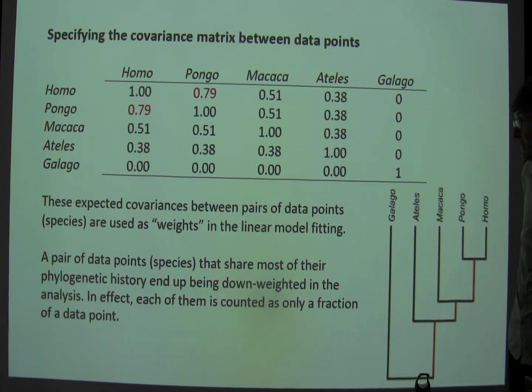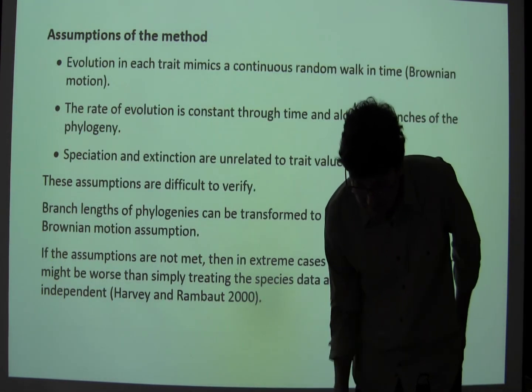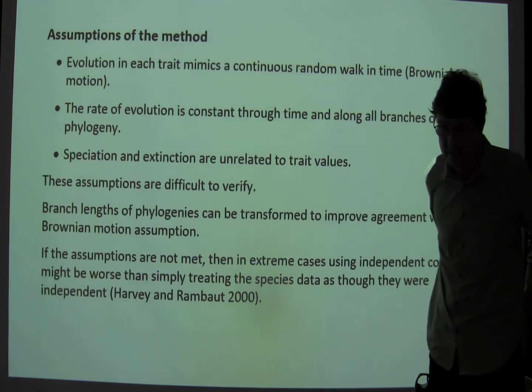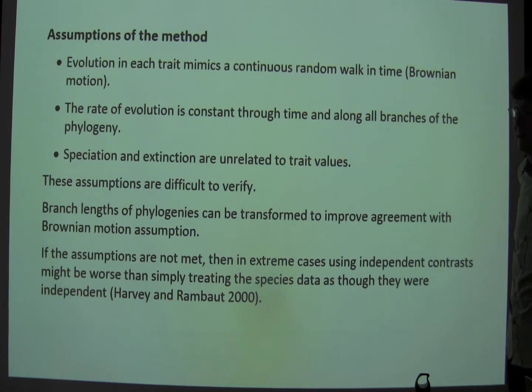And this covariance matrix then becomes a weight matrix that is used in a straightforward linear model using this GLS function. But again, it makes the same assumptions as phylogenetically independent contrasts.